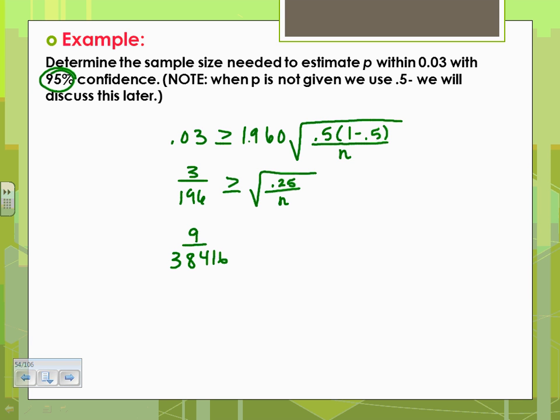38416. So I get something like that. Then I'm going to cross multiply, 3, 8, 4, 1, 6, and then I can divide by 9.